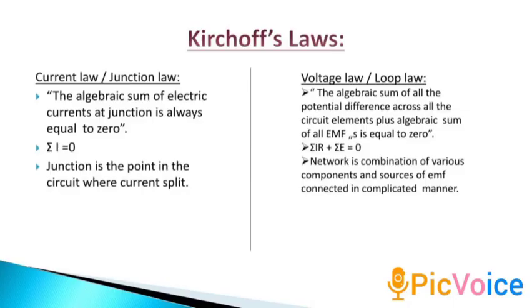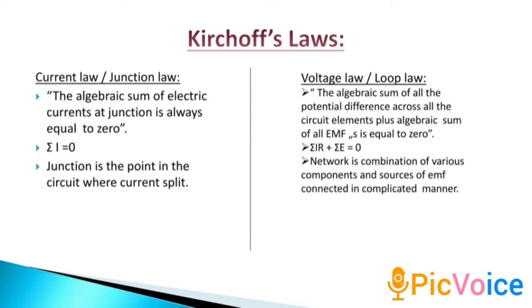We can compare these two laws, that is current law and voltage law. In current law, the algebraic sum of electric currents at a junction is always equal to 0. And in voltage law, the algebraic sum of all the potential differences across all the circuit elements plus the algebraic sum of all EMFs is equal to 0.